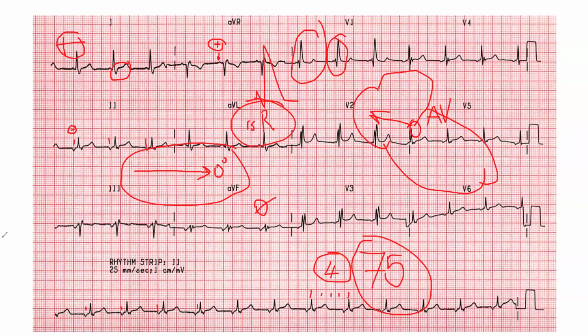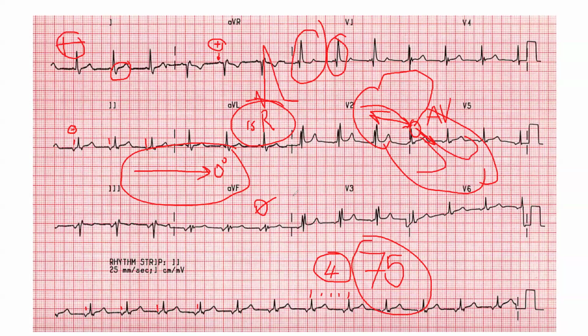We said that's a junctional rhythm. The QRS is wide, so we have an intraventricular conduction abnormality. So the impulse gets to the ventricle through the normal conducting pathways, but because the QRS is wide, we do have a problem inside the ventricle. Do we have a right bundle branch block or left bundle branch block? This is the question.